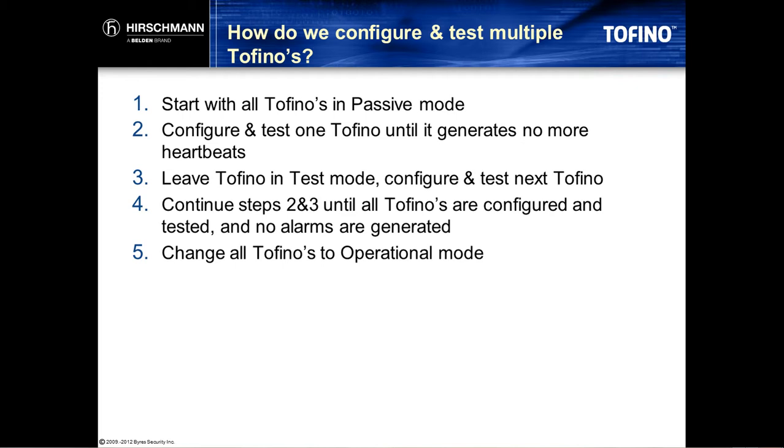We always want to make sure that all the Tofinos are in test mode so that they're not potentially impacting the traffic that is being seen by the rest of the Tofinos or the Tofinos that we're still working on. So they all stay in test mode until they're all configured and tested and running correctly, and then we change them all to operational mode at the same time.